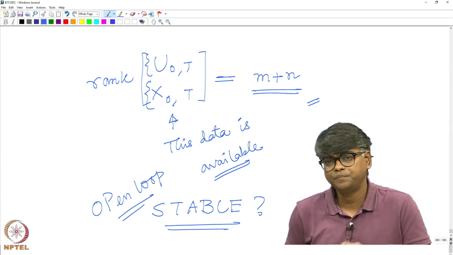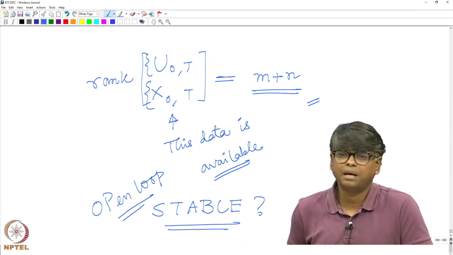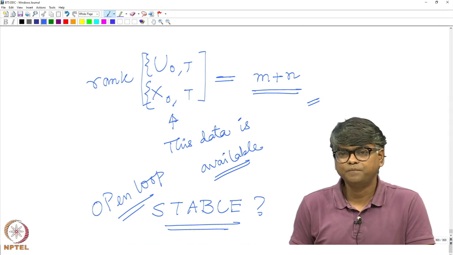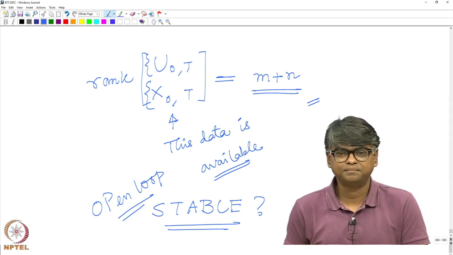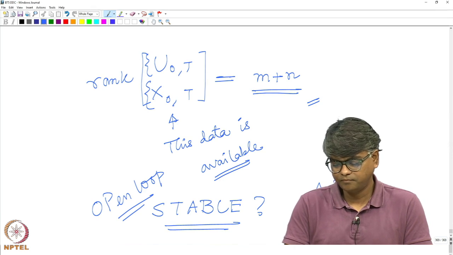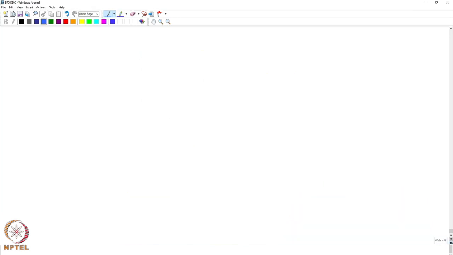That is the idea of stability, asymptotic stability. Is this open loop system asymptotically stable? How do you even know that? One way to do it is, of course, you identify the system. You identify the state matrix A, and from there you find out whether that A is Schur or not. That means you find out the eigenvalues of A.